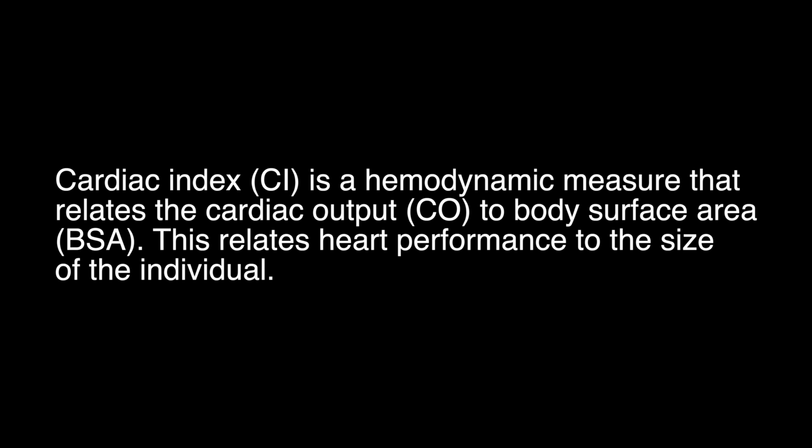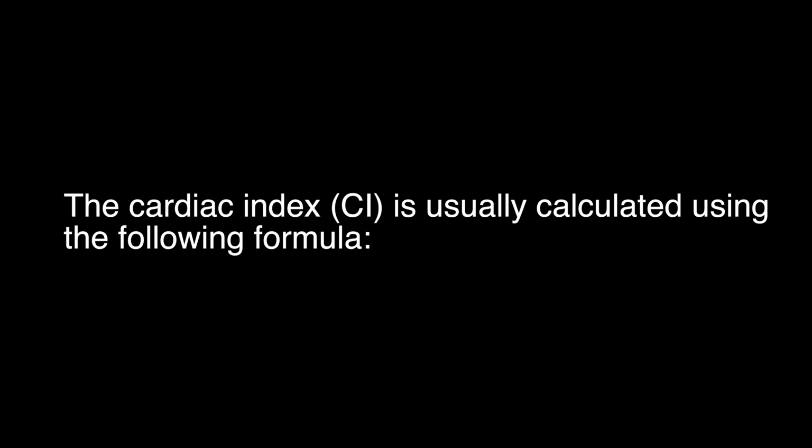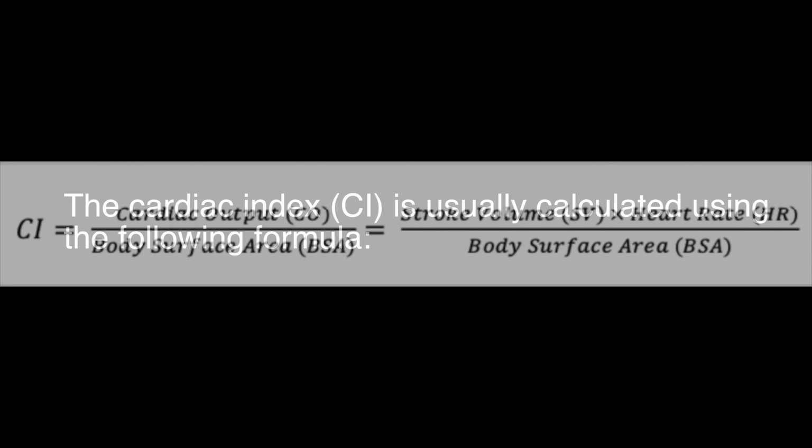Cardiac index, CI, is a hemodynamic measure that relates the cardiac output, CO, to body surface area, BSA. This relates heart performance to the size of the individual. The cardiac index, CI, is usually calculated using the following formula.